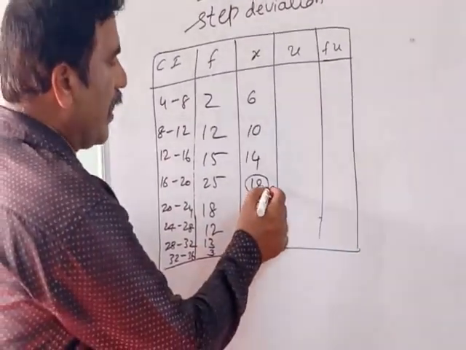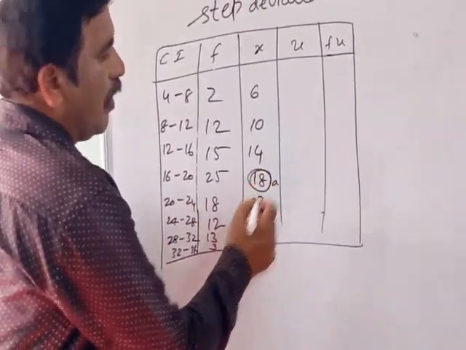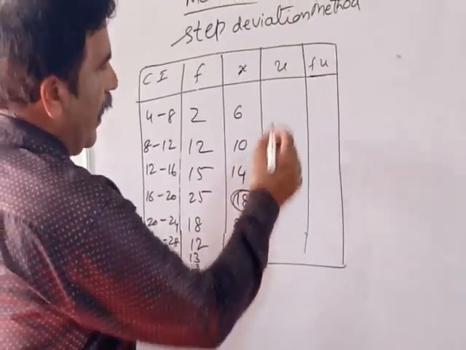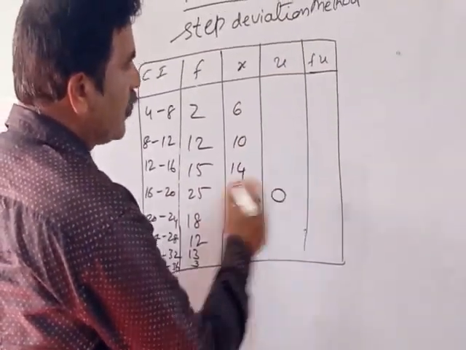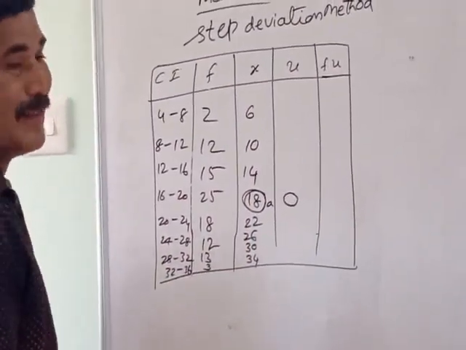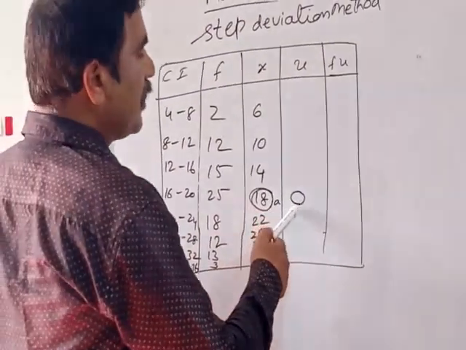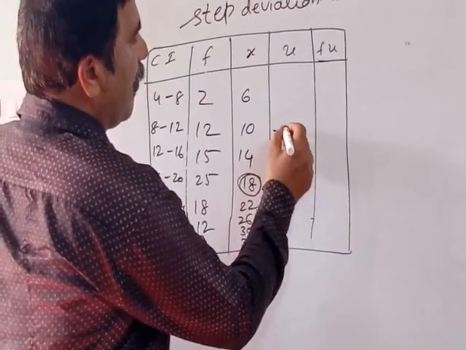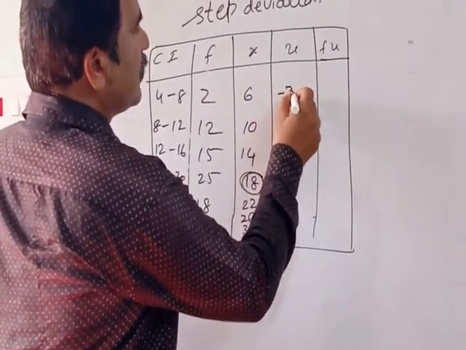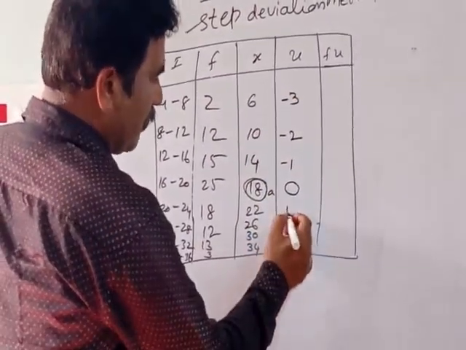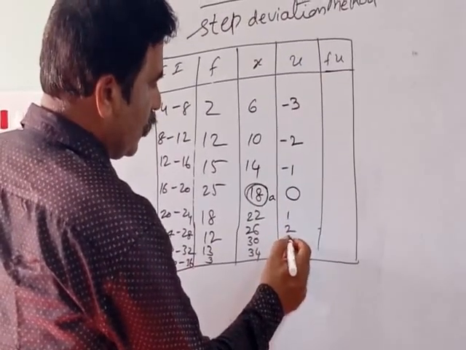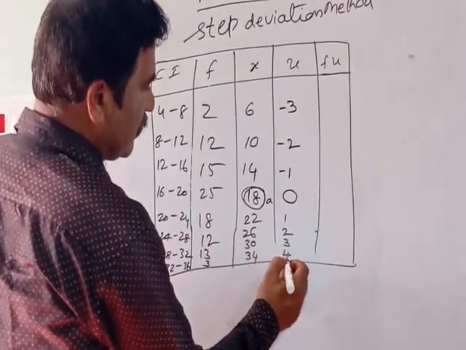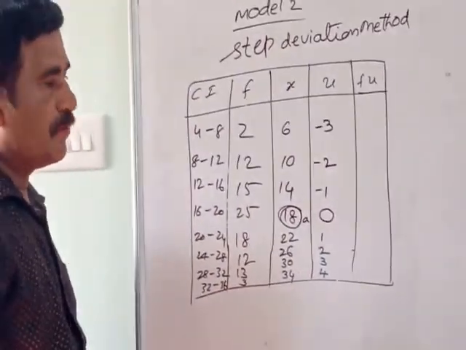After identifying a, opposite to a the u value is always 0. From 0 upwards take -1, -2, -3. Downwards, +1, +2, +3, +4, and so on.